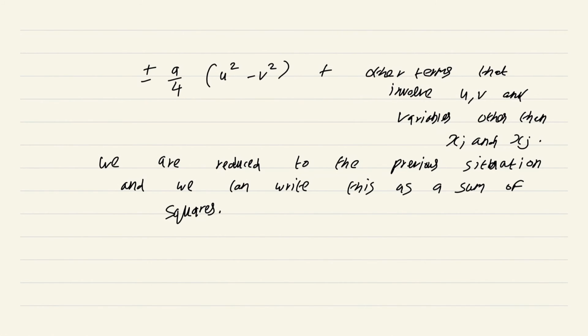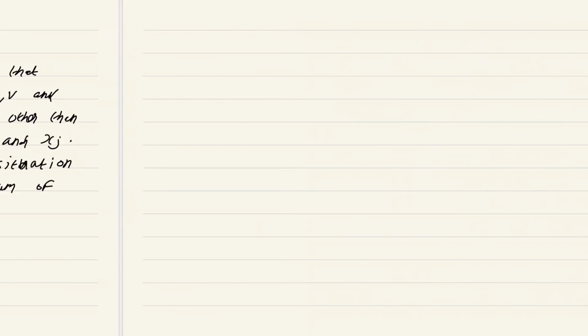Tradition demands that I work out one or two examples. I will work out really trivial examples and leave some in the exercises to you. Look at the quadratic form x squared plus xy. To complete the squares, it's very easy. All you do is write this as x plus y by 2 squared minus y by 2 squared.